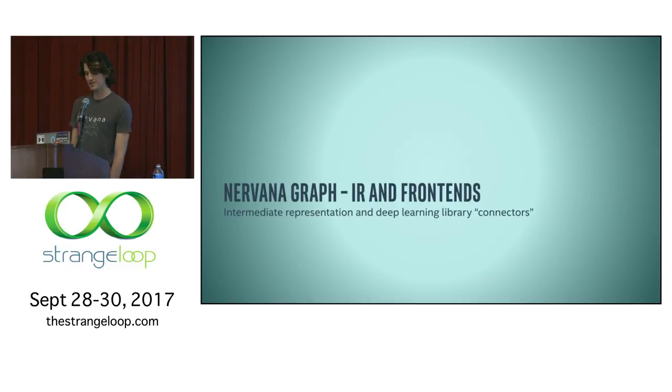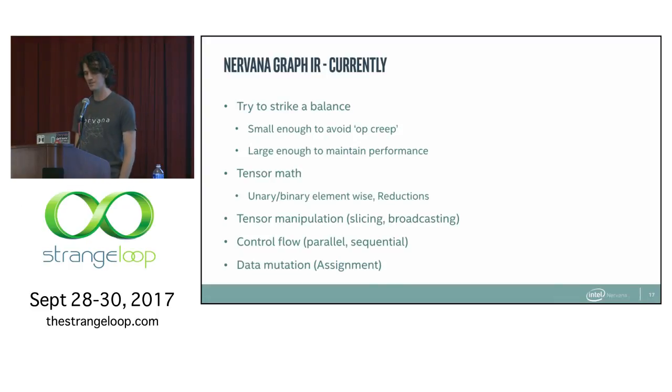So now I'd like to go over the intermediate representation in a little more detail and talk a little bit more about the front-end connectors that we've developed. If you go to the GitHub repo today, you'll see a collection of ops where we're trying to strike a balance.